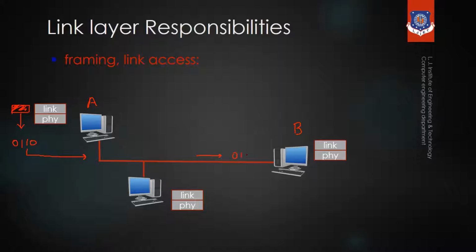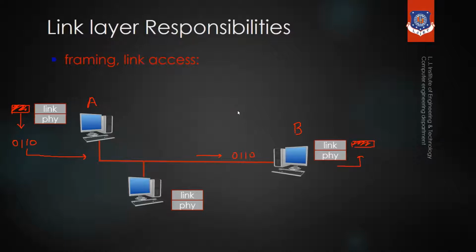And device B will receive these bits and it will be delivered to device B data link layer. Seems very easy and straightforward, right? But this is not the case always.